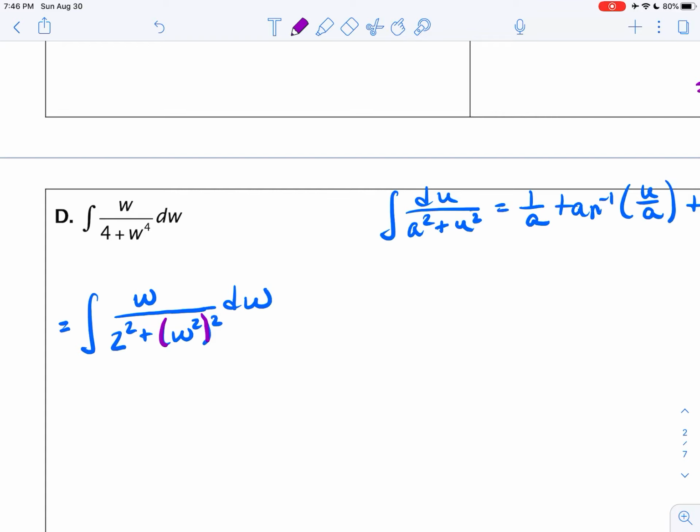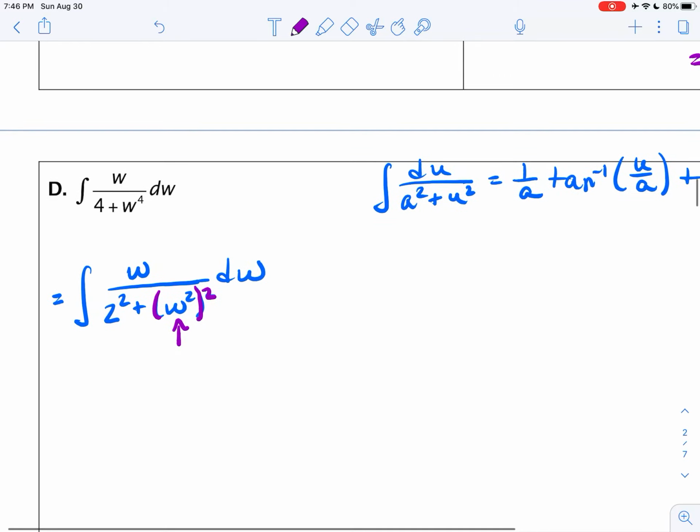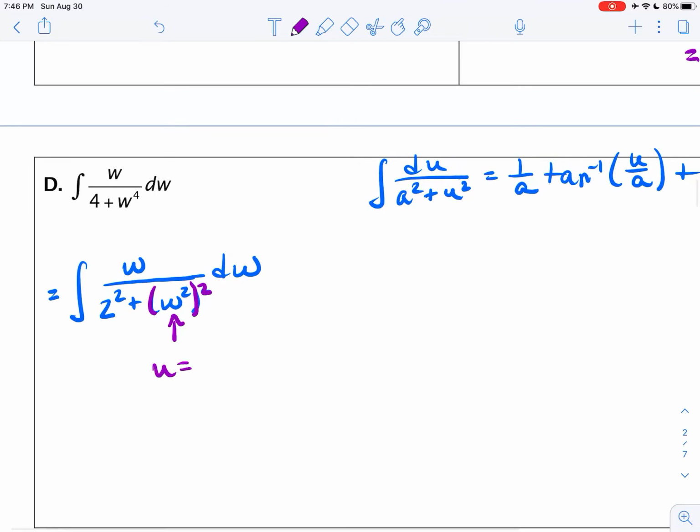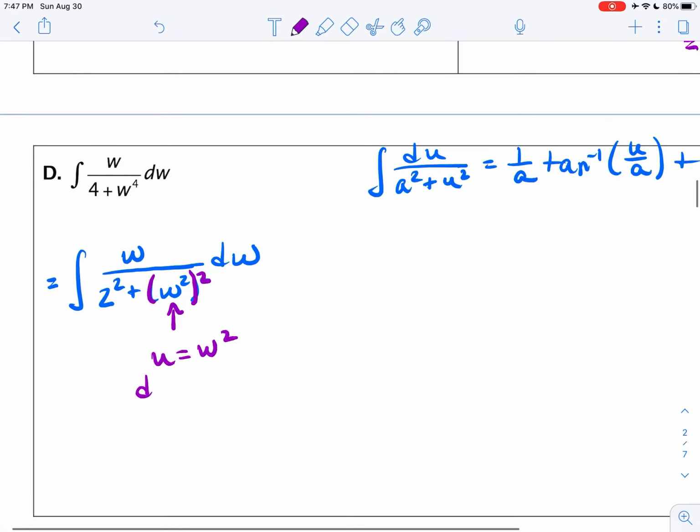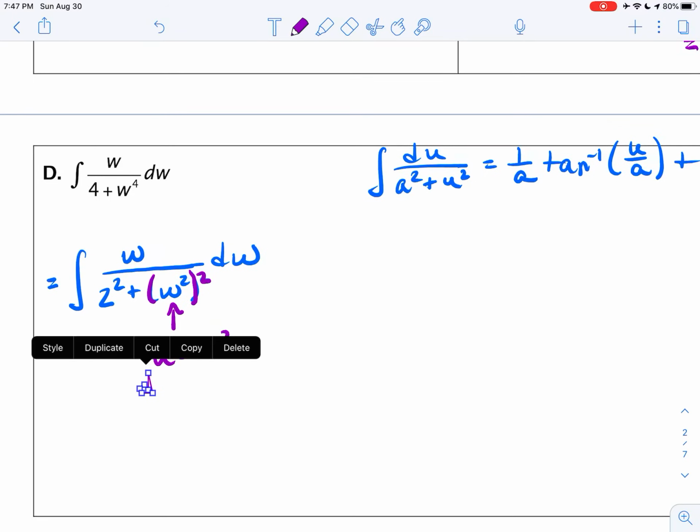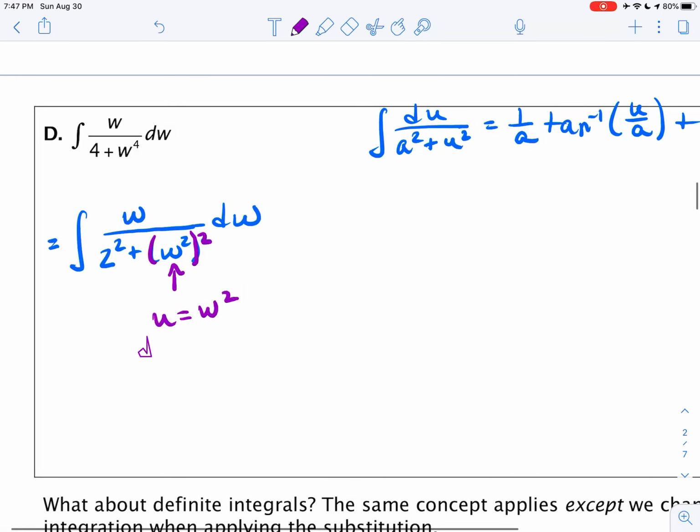And in looking at this grouping symbol here, I'm going to let u equal w squared. And so my du, oh, that's kind of bizarre. My du is going to be 2w dw. And I have the variable part, so substitution is going to work.